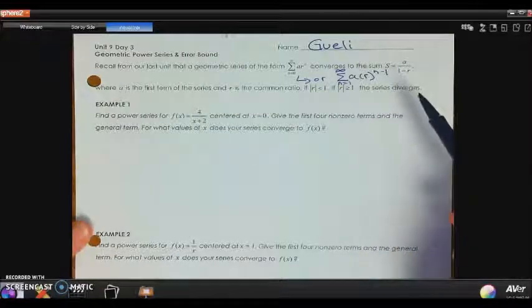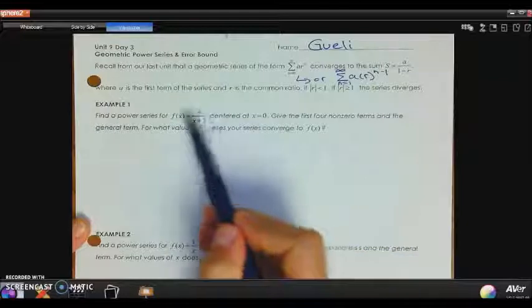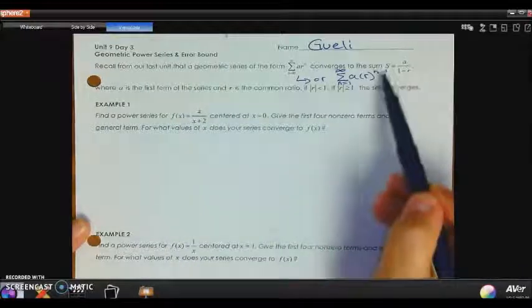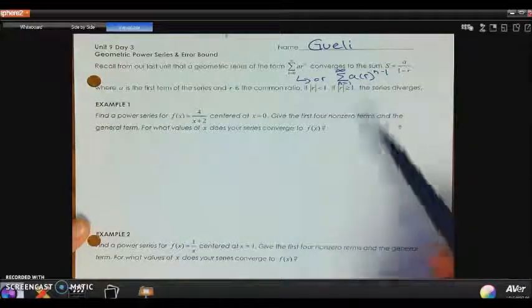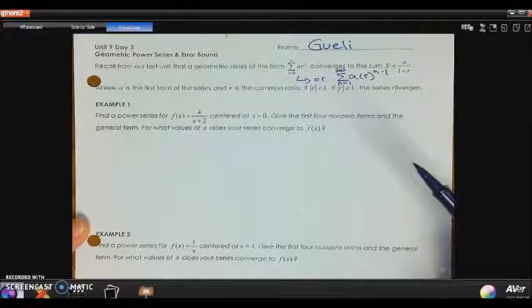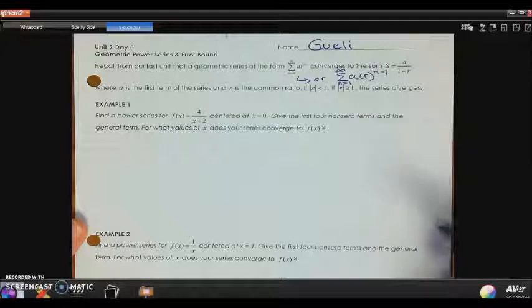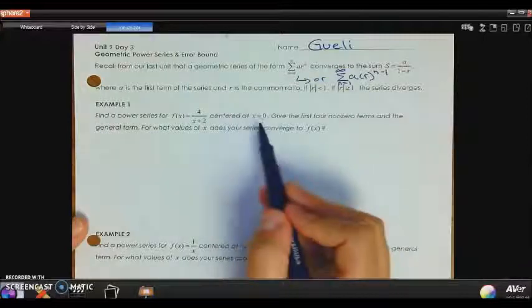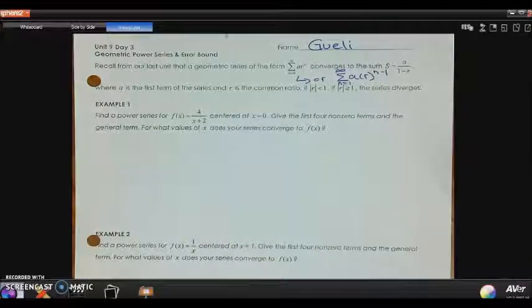So our goal is to set f of x equal to this. Well, that's a problem because then I've got a whole lot of variables. So what we can do is eliminate a few of those variables by plugging the center in to figure out the first term, because we know that it's going to converge at least at the center.